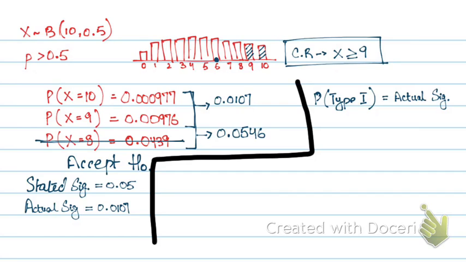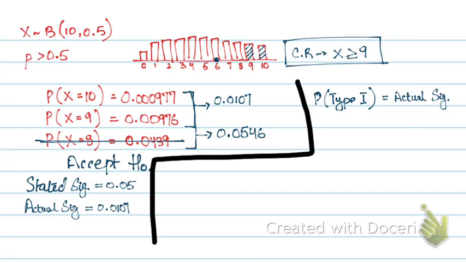When we were carrying out tests using normal distribution, the probability of type 1 error was the significance level that was given to us. But in a small sample binomial, the probability of a type 1 error is your actual significance level that you calculate yourself to find the critical region. So this was type 1 error.